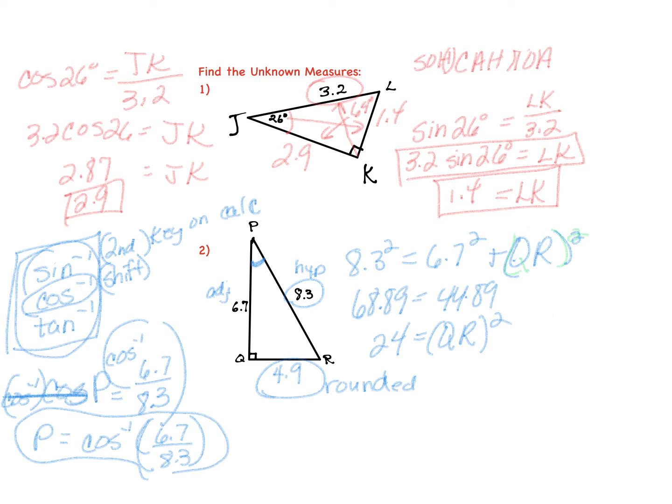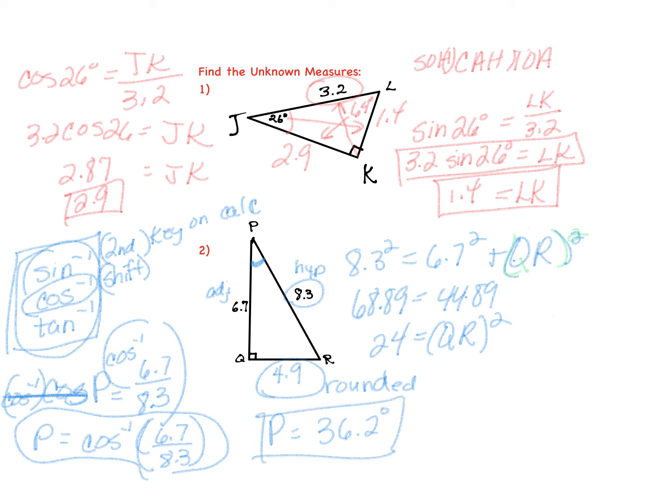So on my calculator, which is a TI-83 or TI-84, or whatever you have, I'm going to do second cosine. That gets me that little inverse symbol. And then in the parentheses, I've got 6.7 divided by 8.3. And I'm going to get 36 degrees. So P equals 36.2 degrees if I round it.